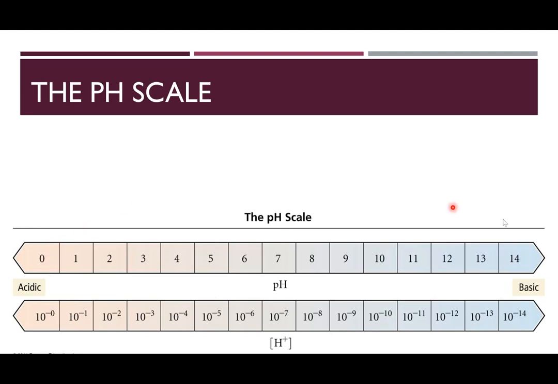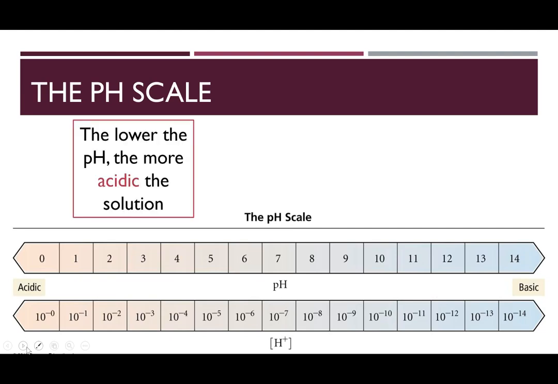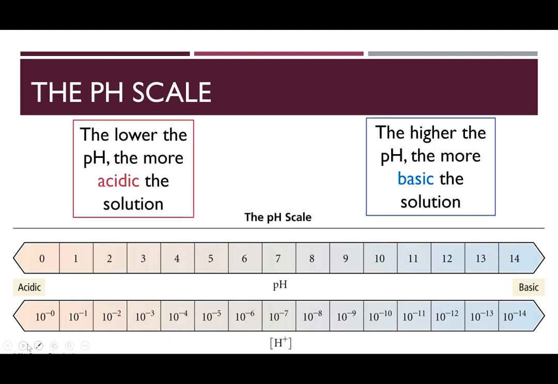But the pH scale goes from 0 to 14, 0 being acidic, 7 being neutral, and 14 being basic. Okay. So the lower the pH, the more acidic the solution is. So something with a pH of 1 is more acidic than something with a pH of 5. The higher the pH, the more basic the solution. And then neutral is at pH 7.